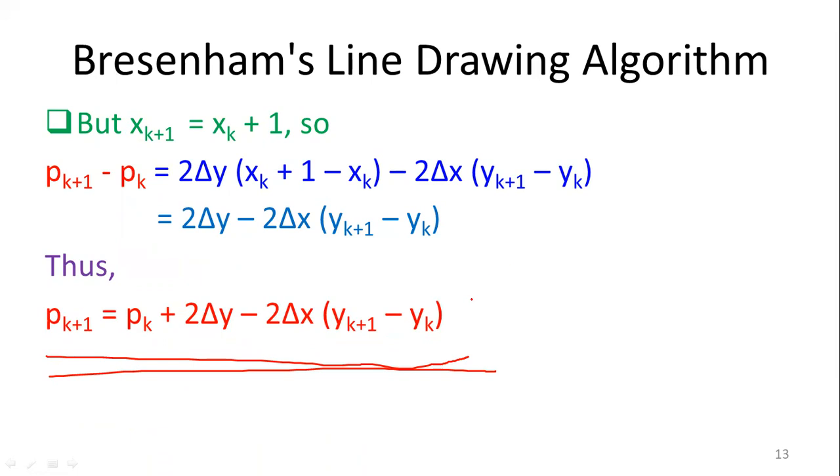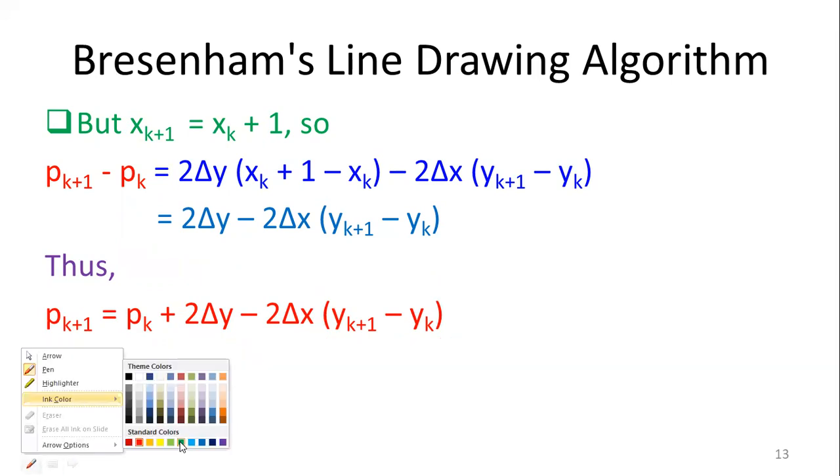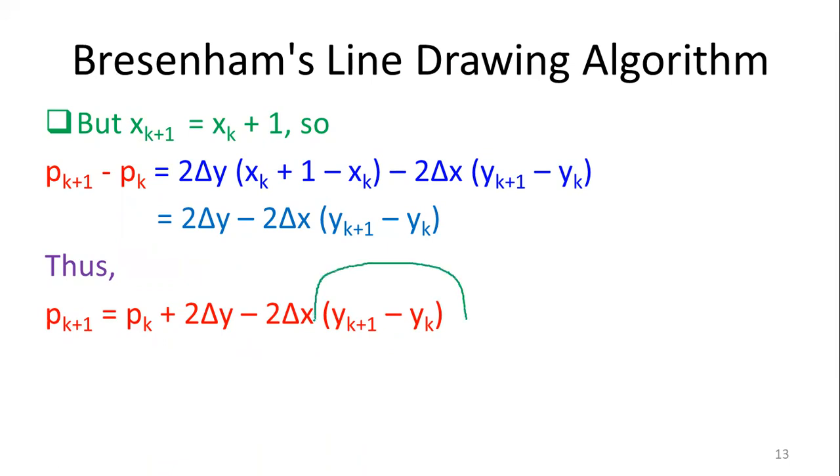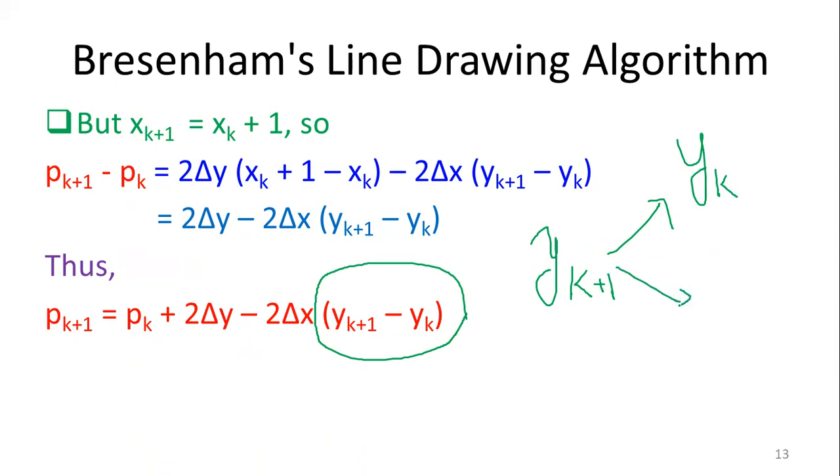So now look at this term. This term you can see yk plus 1 and yk. And we know that yk plus 1 can either be yk itself or it can be yk plus 1.